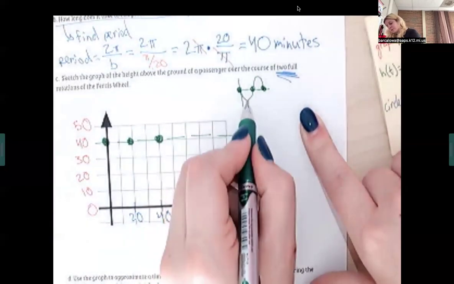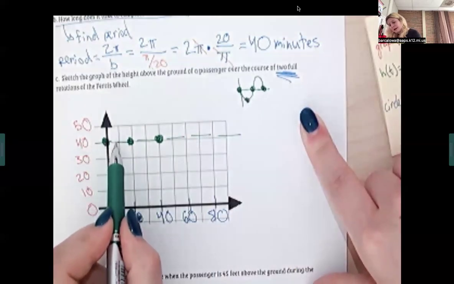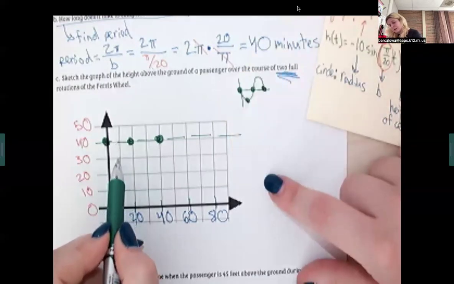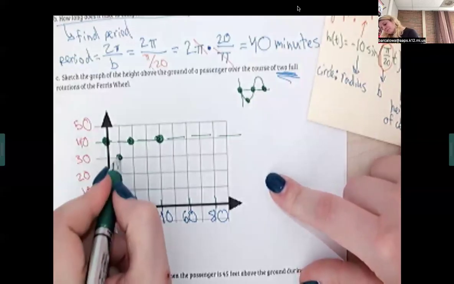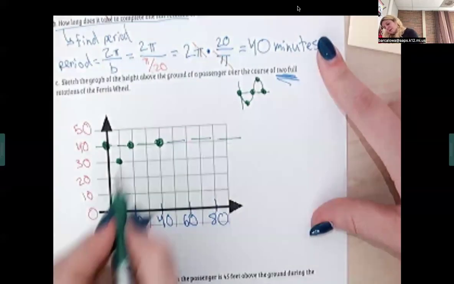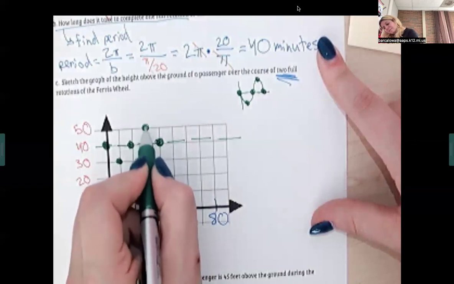Halfway between the first two, we are at a minimum. So put your pencil on the midline. I'm going down 10 for my amplitude. Because I'm already counting by tens, I just have to go down 1 square. Okay, halfway between these 2 points, we are at a maximum. So count, put your pencil on the midline, up 10.